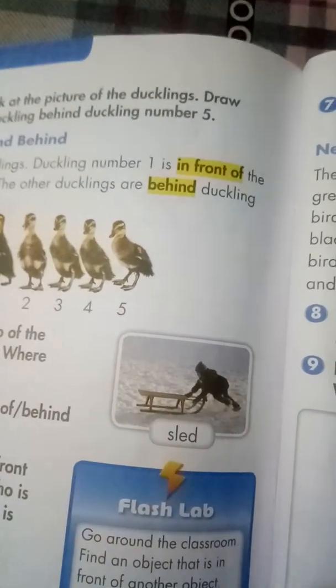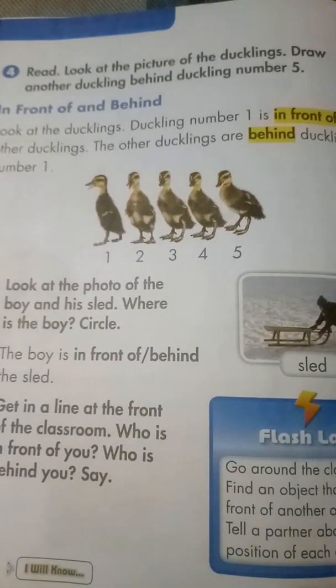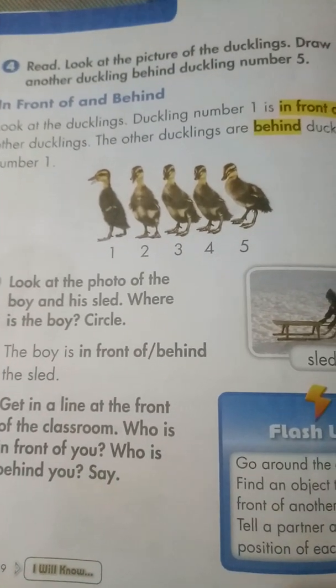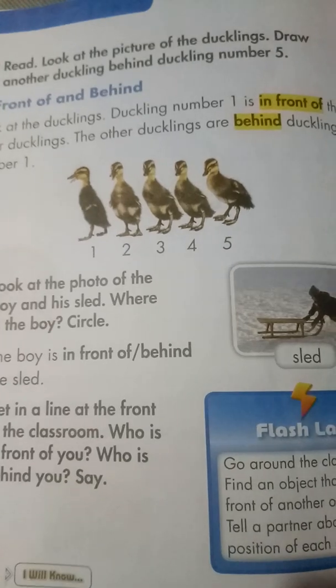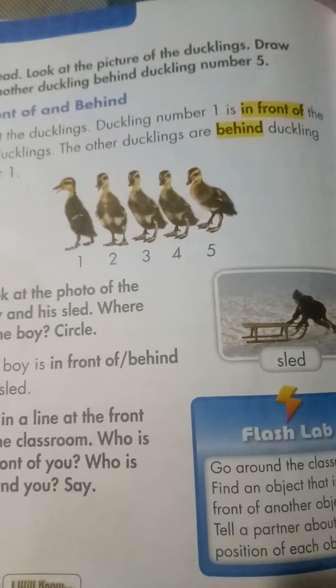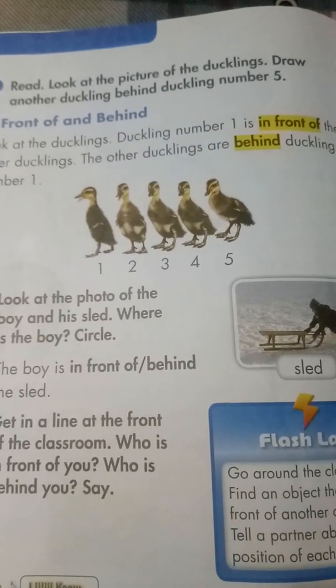Now come to your book, page number 102. Here we have 2 position words, in front of and behind. I have given you the example of when the teacher is writing on the board or standing in the class.